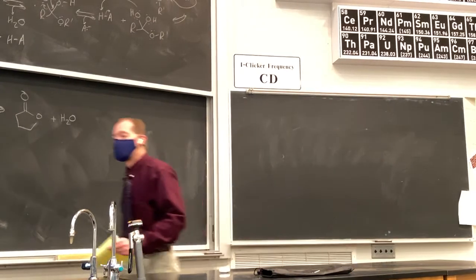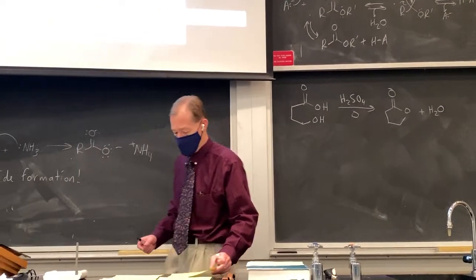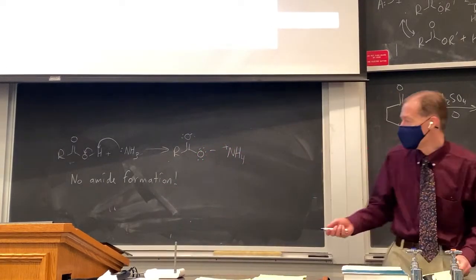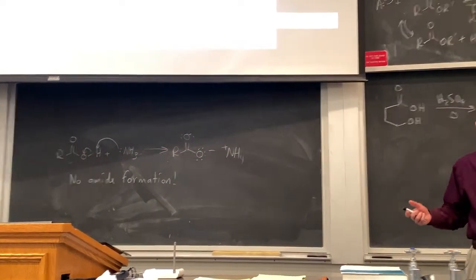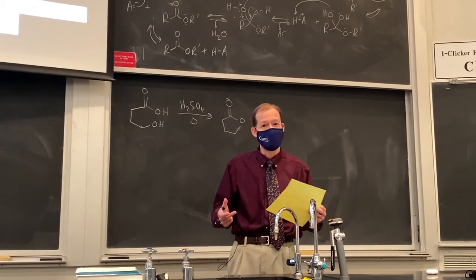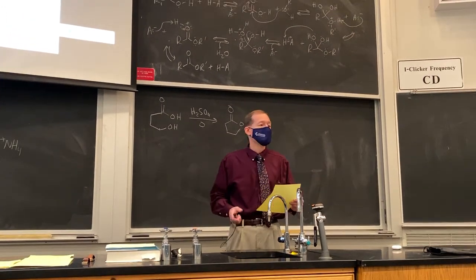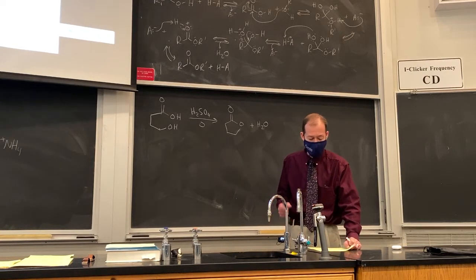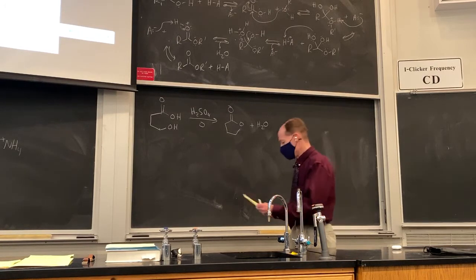So let's talk about how to make amides from carboxylic acids and amines. I've told you we can't do this directly because we have acid-base chemistry that interferes. But there is a reagent that we can add to a carboxylic acid and an amine that will allow us to form an amide.